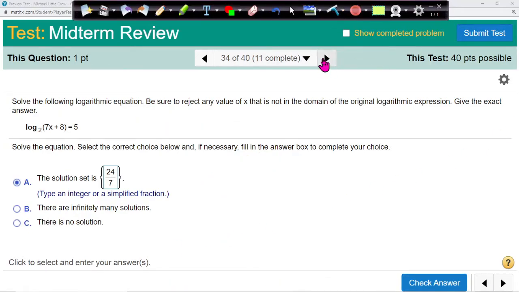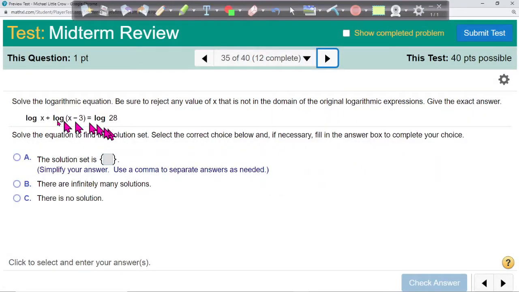Okay, let's go to 35. Solve the logarithmic equations. First thing we'll probably do is get this to be one logarithm, and then you get a log equals a log, and it basically gets to cancel out. So let's see how that works.